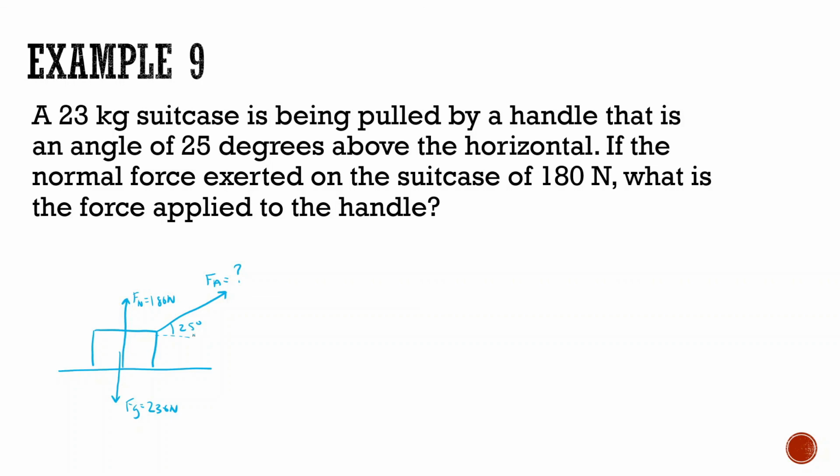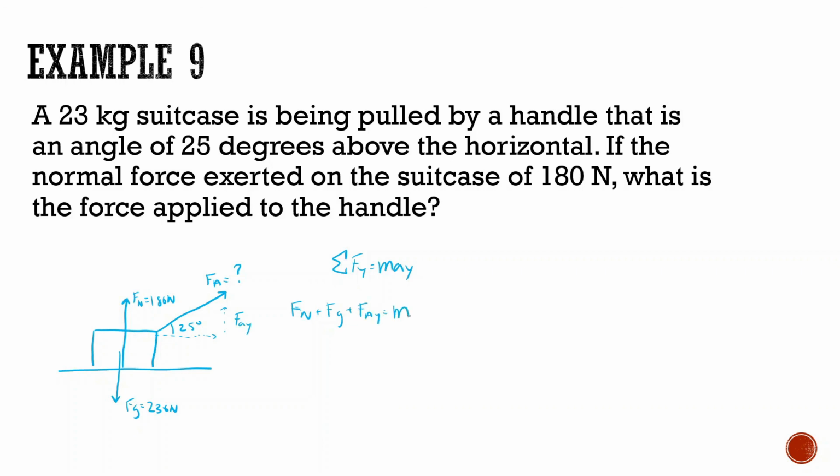So what we should know is we have information in the y direction, so let's figure out what we know in the y direction. So we're going to do sum of all forces in the y is equal to mass times acceleration in the y. We have three forces in the y direction. We have normal force, we have force of gravity, and we have this force applied in the y direction.